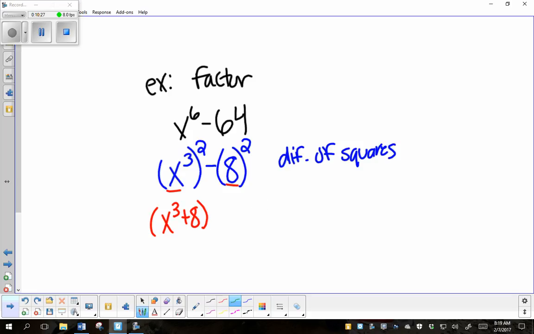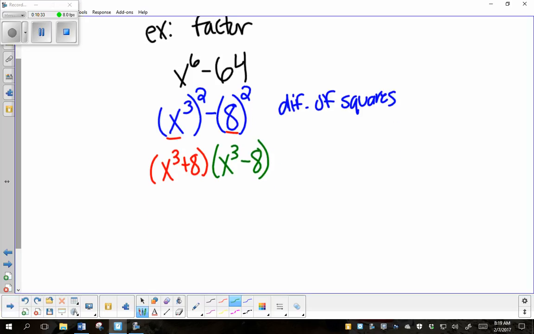I want to show you that. So now I'm broken down into two factors, and I want to check, can I factor either of these anymore? They're both two terms. They're not squares, and this one's definitely not a difference of squares because it's not even a difference, it's a plus. This other one, the green one, is not a difference of squares because, although it's a difference, 8 is not a perfect square.